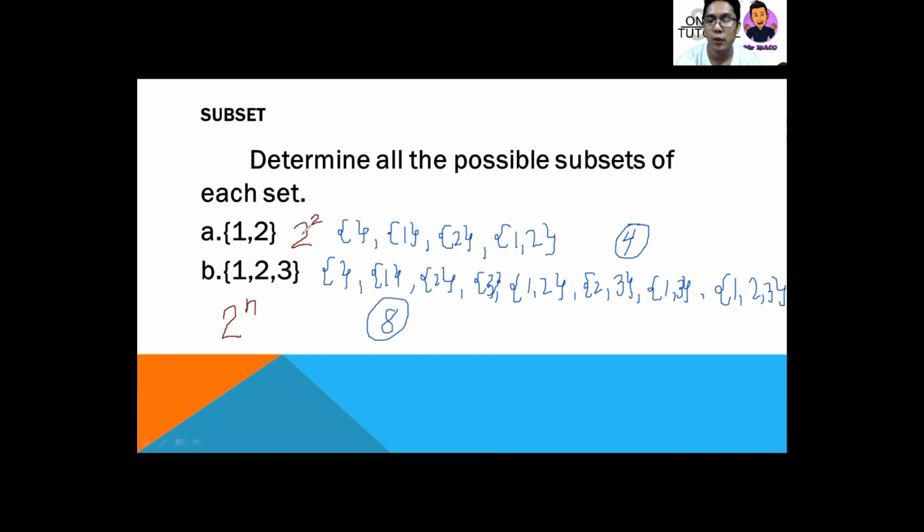So 2 squared is 4, so 4 is the number of subsets. Next, for letter B, how many elements do we have? 1, 2, 3. So 2 cubed is equal to 8. So we have 8 subsets.